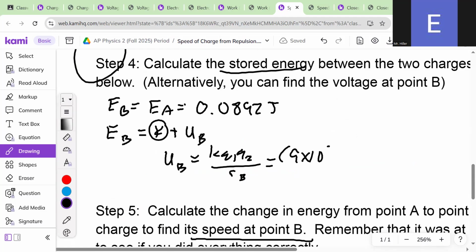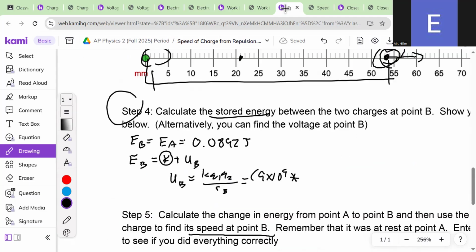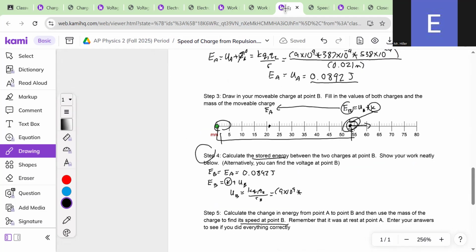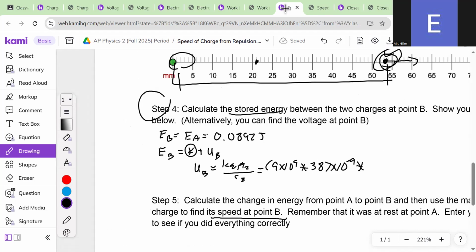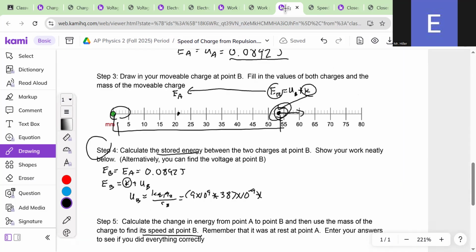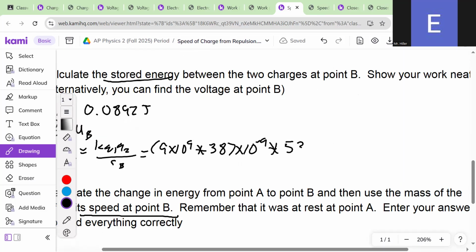which we're going 9 times 10 to the 9 times 387 times 10 to the negative 9 times 538 times 10 to the negative 9.